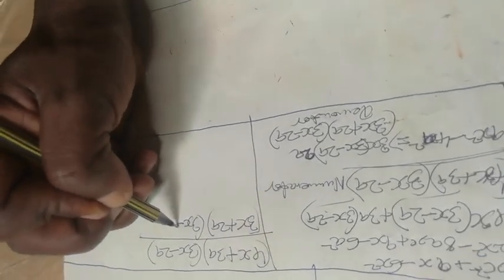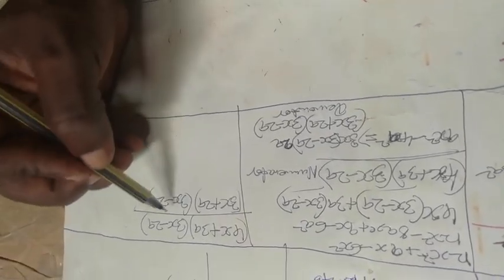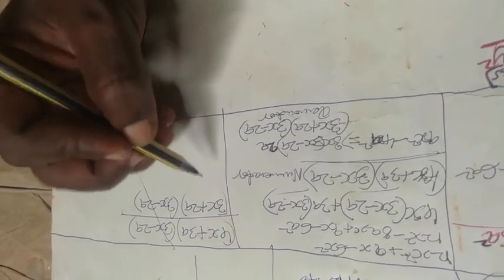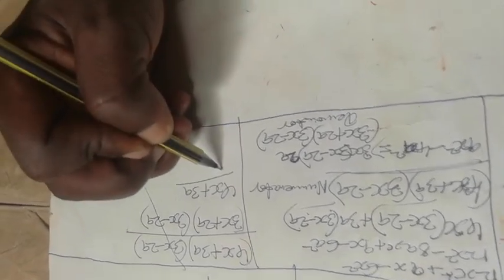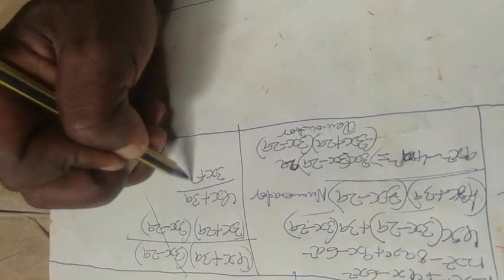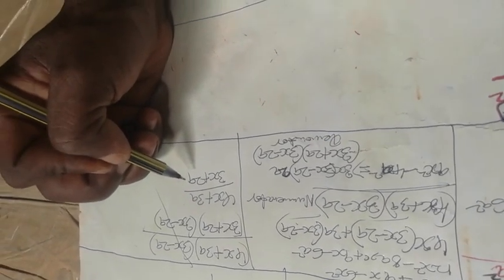Now we are going to cancel out the common factor. We are remaining with 4x plus 3a over 3x plus 2a, and this is our final answer.